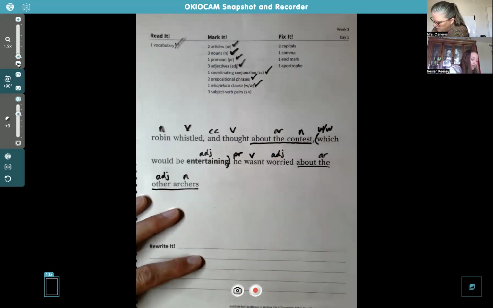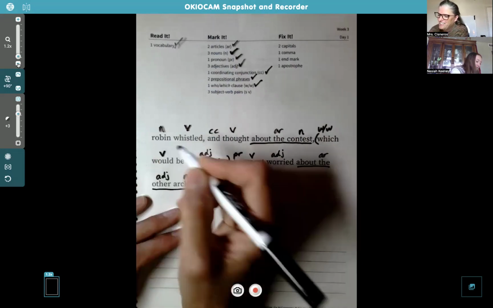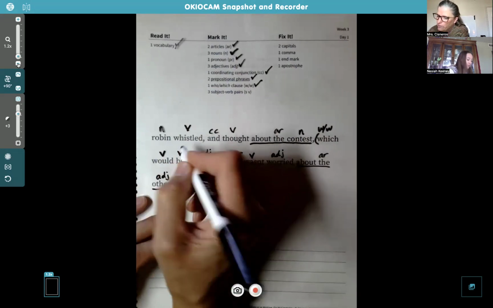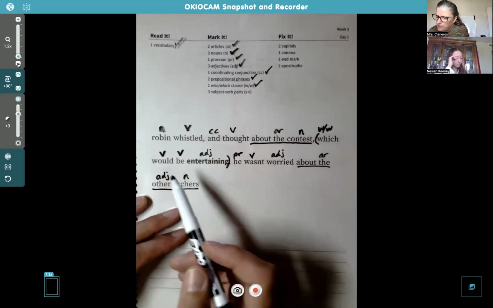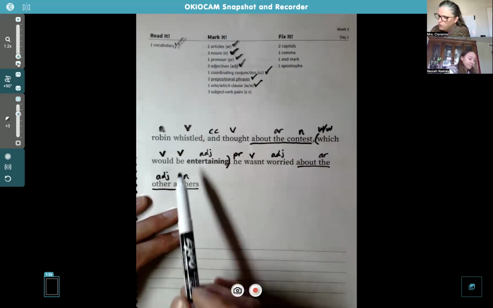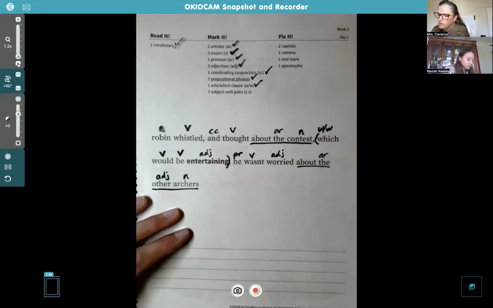Good. Was. And would. Yes. And be. Would be. Those are both going to be linking. That's what I was going to explain, is that they're linking the subject which to the adjective entertaining. So would be is linking. And those are all the verbs.